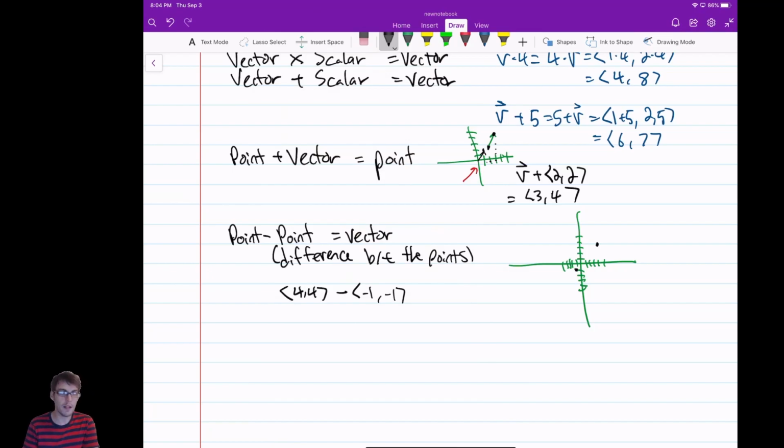Well, I subtract them element-wise, so 4 minus -1 is 5, and then 4 minus -1 is 5, so I get 5, 5. So if I draw the vector in here, I get a +5, +5 direction. So if I think about it starting there, you can see that it actually spans the 2 points. What's really cool about this, it tells you the difference between them and the direction. So I get a vector, it tells me how far apart they are and what direction they're in.